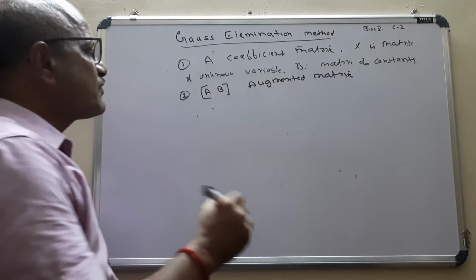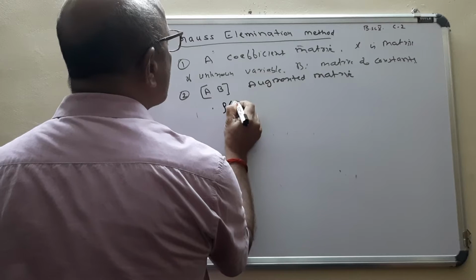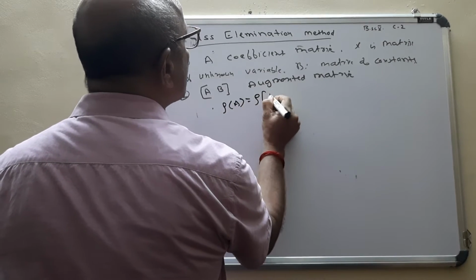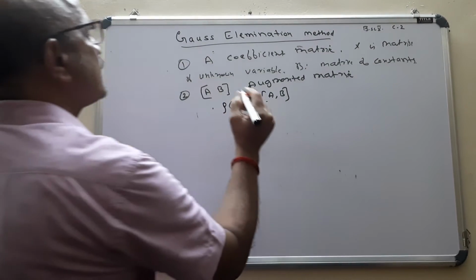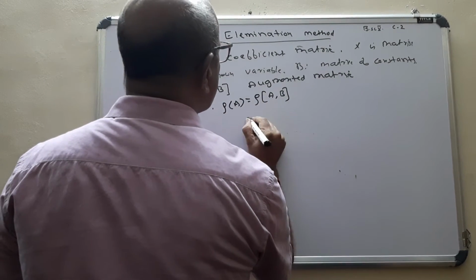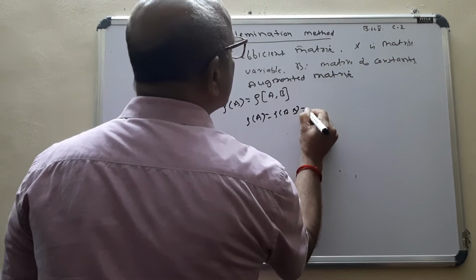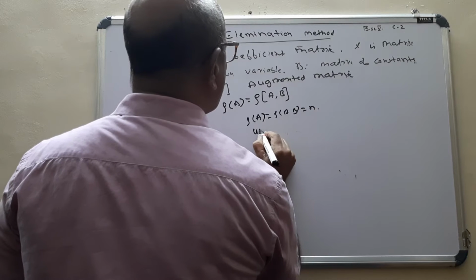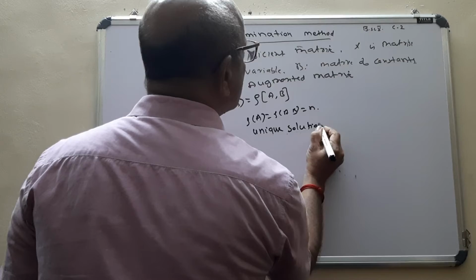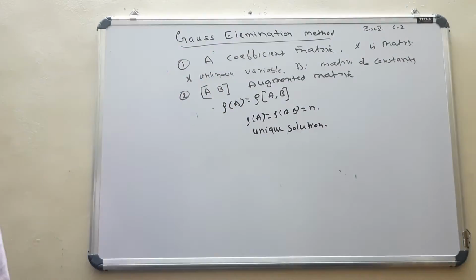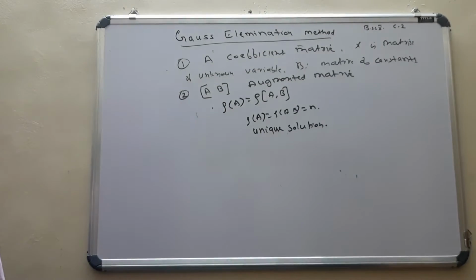The system of equations is said to be consistent, that is, having solutions, if rank of A is equal to rank of AB, and if rank of A is equal to rank of AB is equal to n, we have a unique solution.